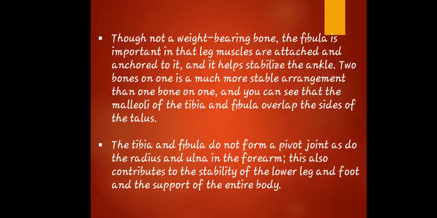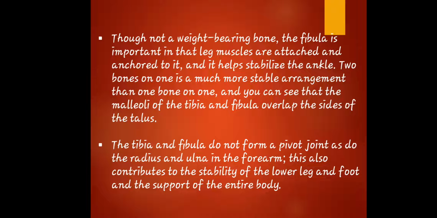So that's why I said that our foot is stabilized because of the different parts of the bone in the lower portion. The lower portion includes, of course, the tibia and fibula. That is why it's also included among the strongest bones, because it can bear weight.